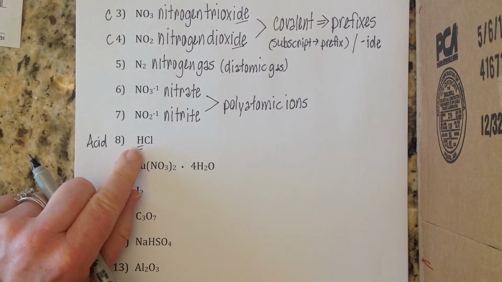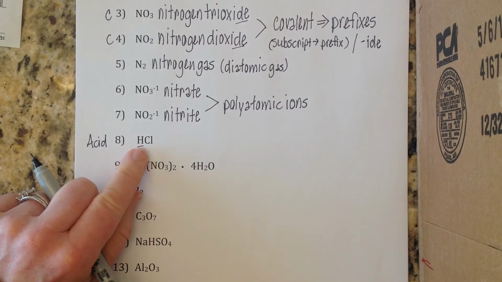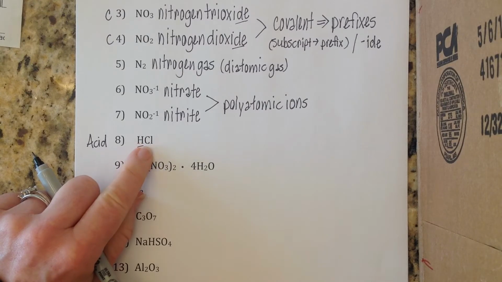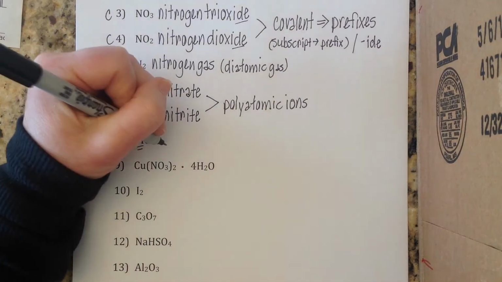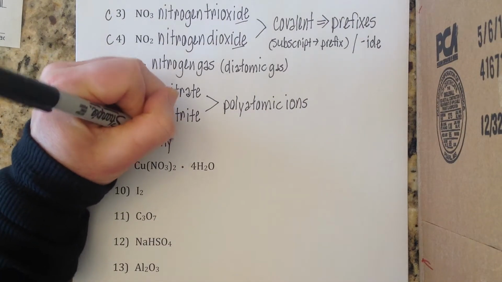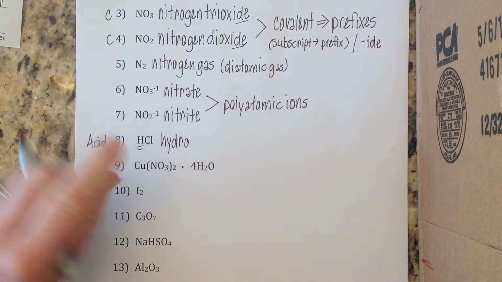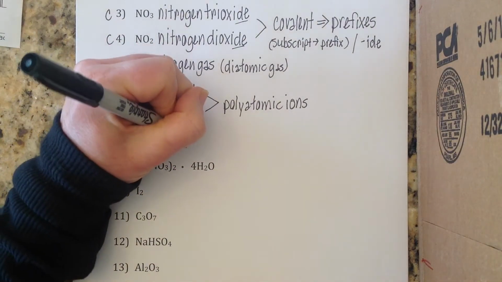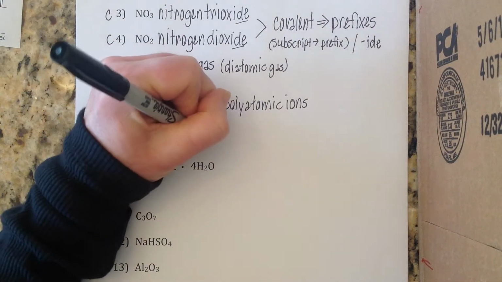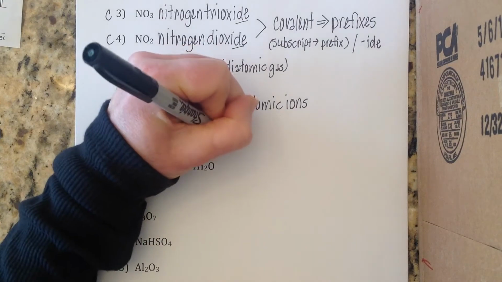Because it is just hydrogen bonded to a nonmetal, this also tells me this is a binary acid. And when I name a binary acid, I simply write hydro, whatever, in this case chlorine, but I change the ending to ic. So this is hydrochloric acid.